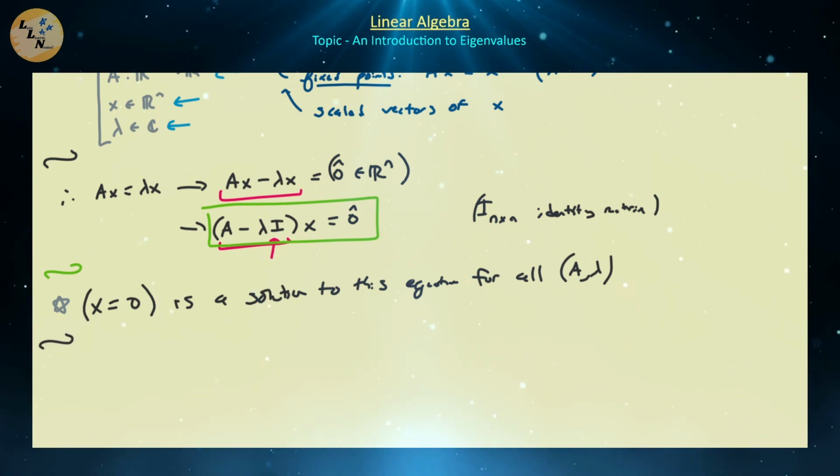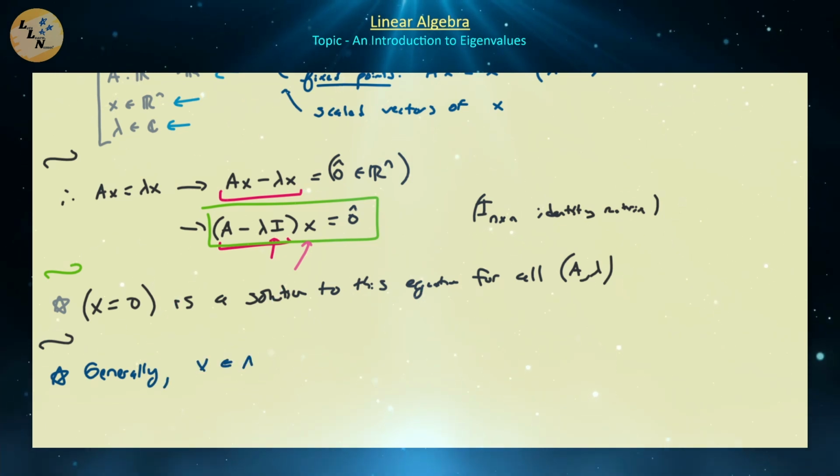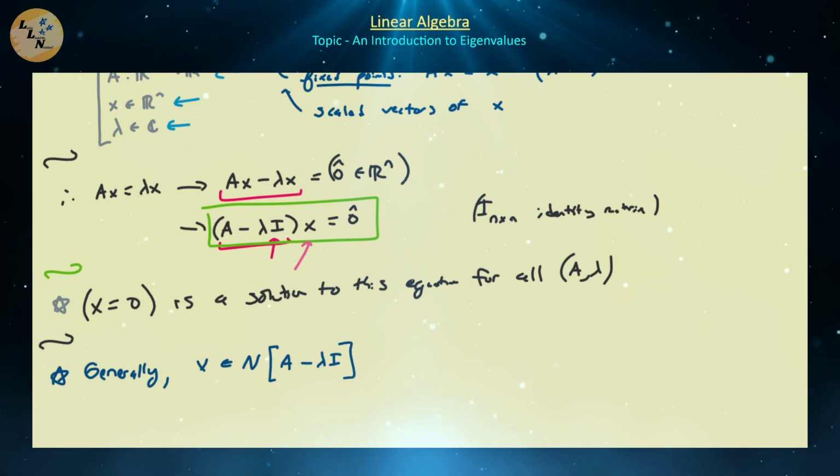Now, if I look at the set to which all such vectors x belong, then where does x live? Generally speaking, x is going to belong to the null space of the matrix A - λI.